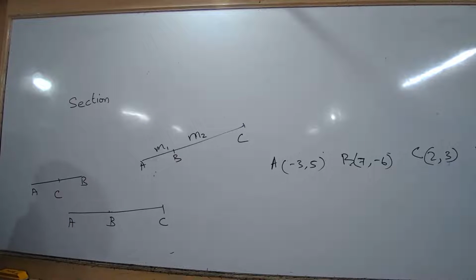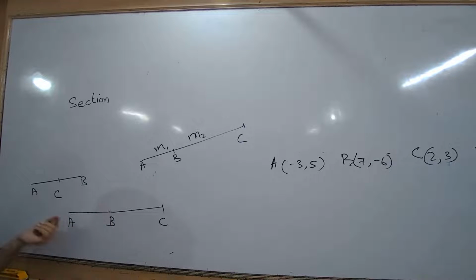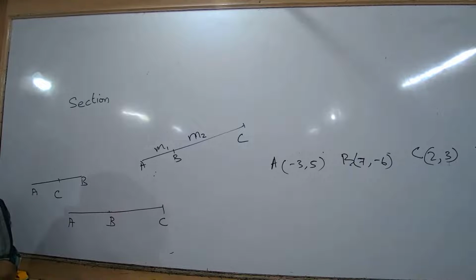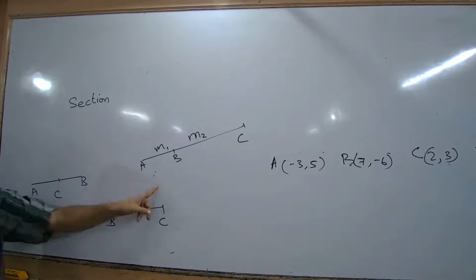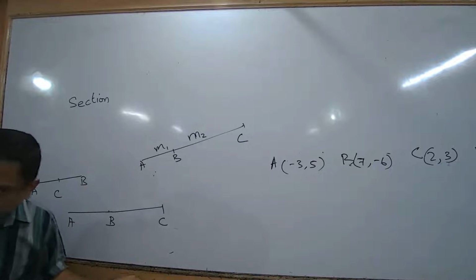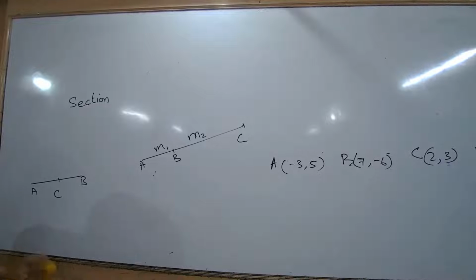That is called the external ratio. This part you don't need now; later I'll tell you where it is required. Externally means the point is not between A and B. It is on the same line, collinear with A and B. Then the ratio is AC is to BC.